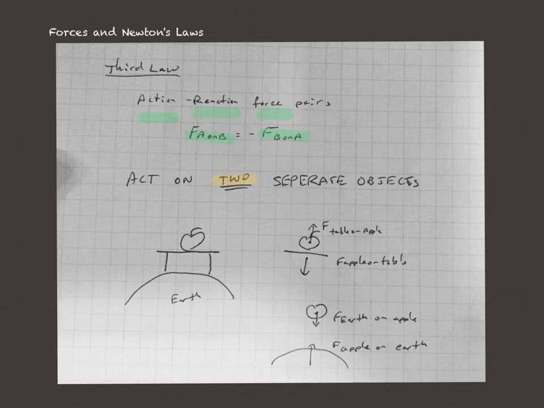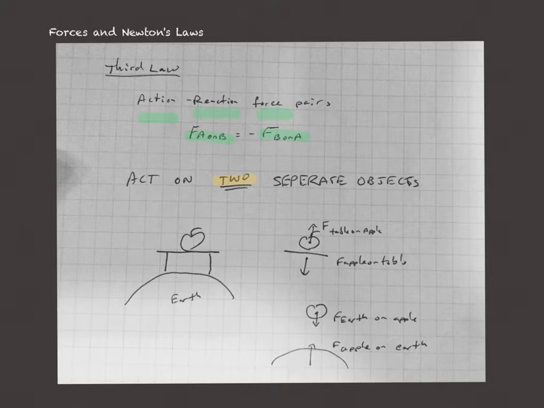All right, so we looked at an apple on a table as the first law, and an apple and gravity due to the earth for the second law. So let's look at both of those situations under the third law parameters. With the apple on the table, the two objects that we're looking at are the apple and the table.